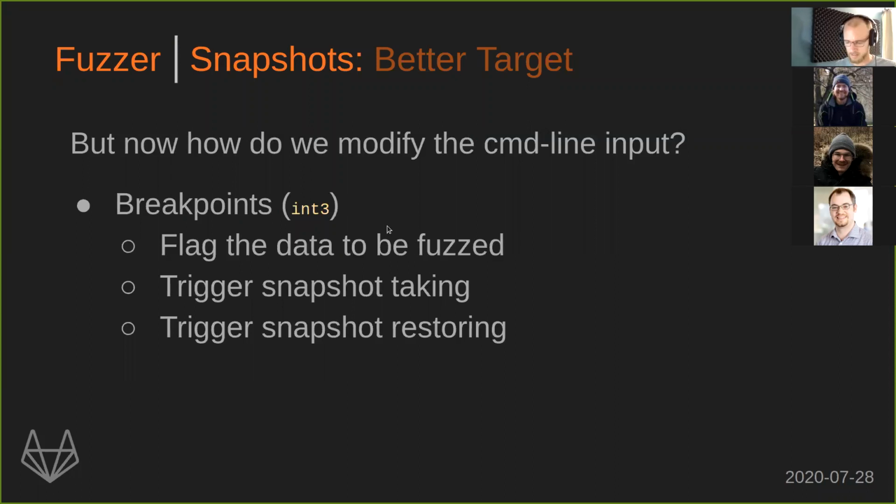The intention here is that you could have an automated way to find these locations that you want to breakpoint, and I'll talk about some of the ideas on that in a little bit. But in general, the example fuzzers work like this. It flags the data that will be fuzzed, and then it triggers the snapshot, when to take it, and then it triggers the snapshot restoring. So the target itself has been manually instrumented to have these interactions with the fuzzer.